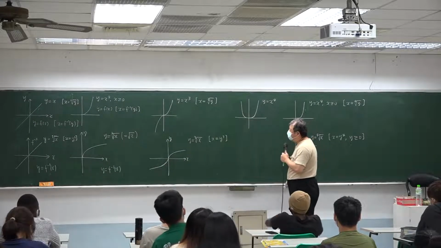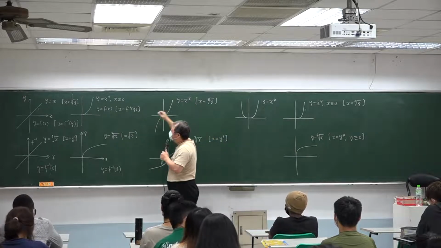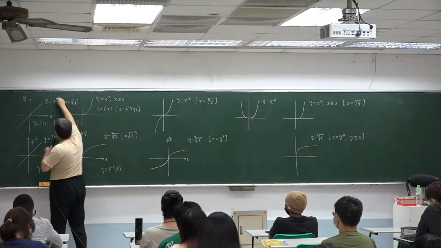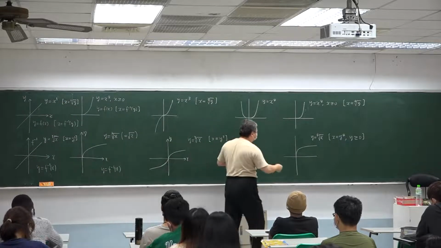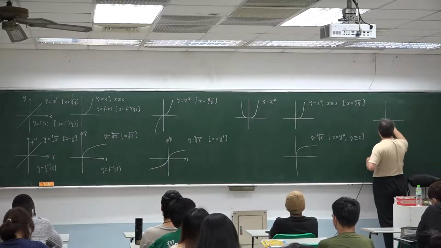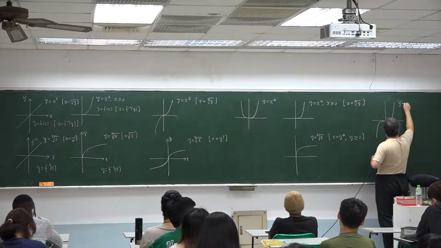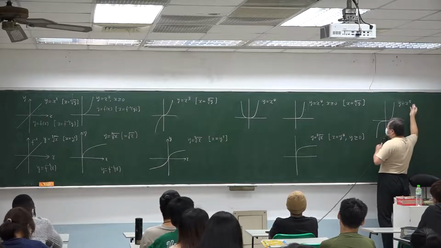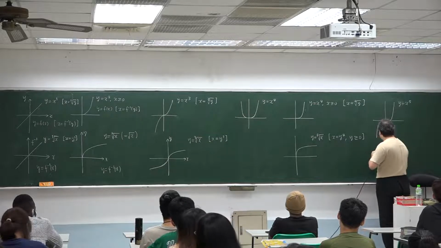Okay, so if the power is an odd number, 1, 3, 5, then this kind of power function is one-to-one.